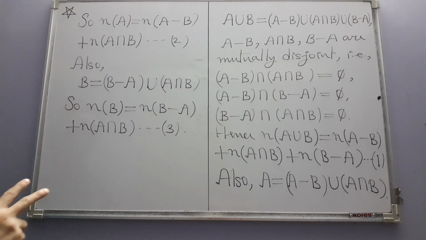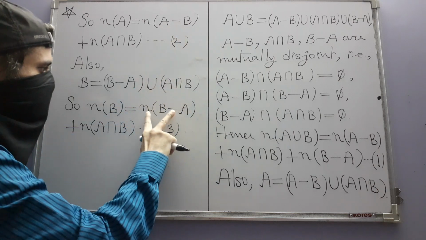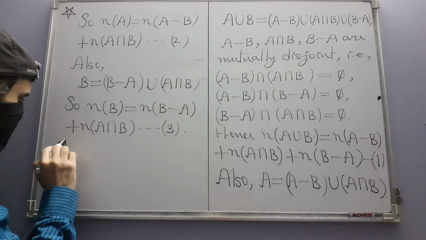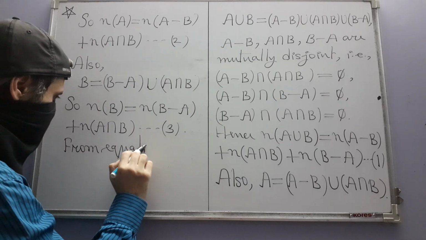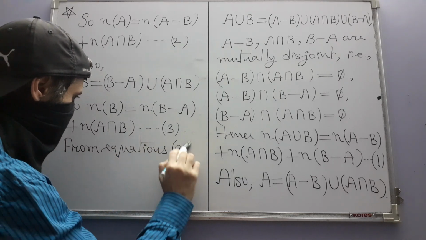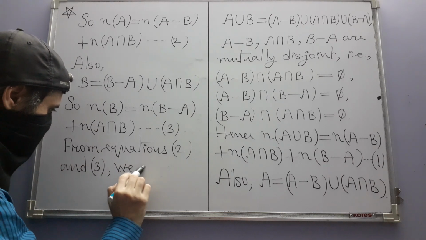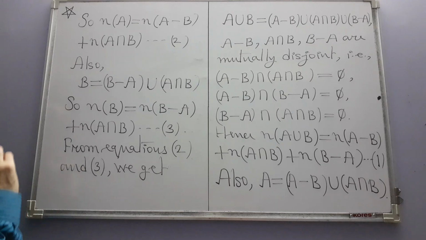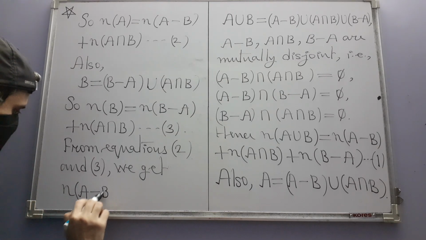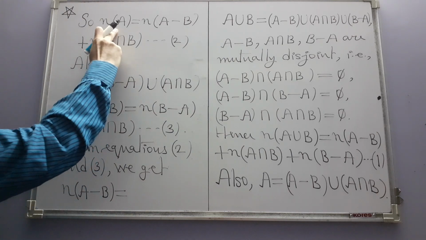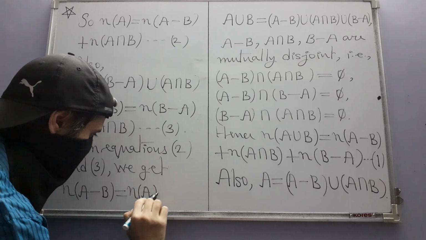Now from equations 2 and 3, we can write expressions for this and this. From equations 2 and 3, we are going to get two things. From equation 2, we will get n(A difference B) equal to n(A) minus n(A intersection B).